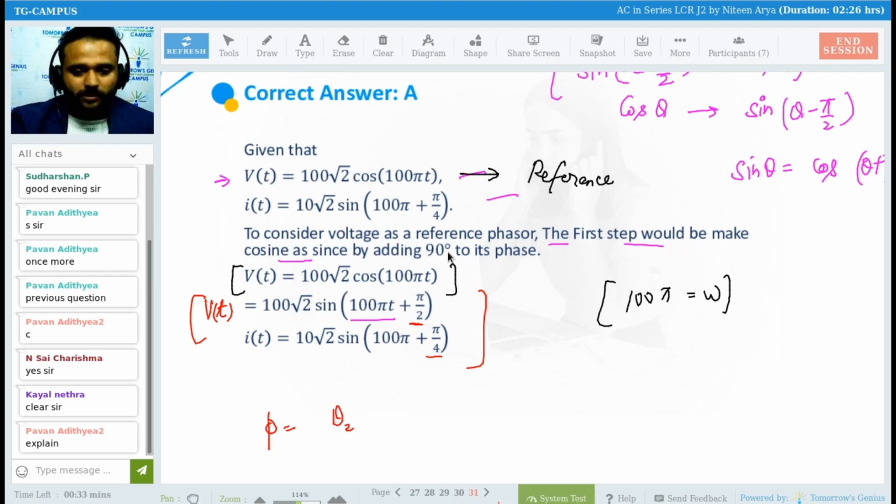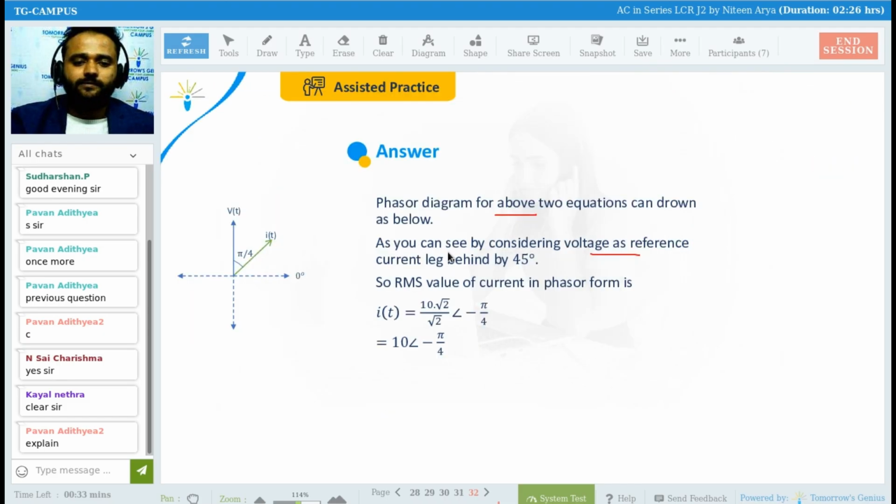So the phase, theta 1 minus theta 2, you can write in this way also: theta 2 minus theta 1, which is pi by 4 minus pi by 2, and that is going to be minus.